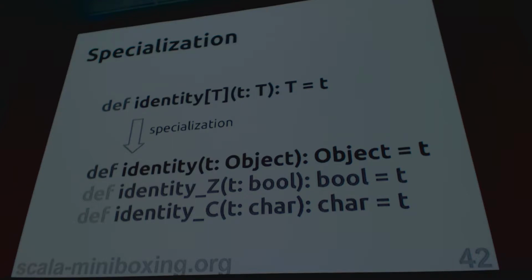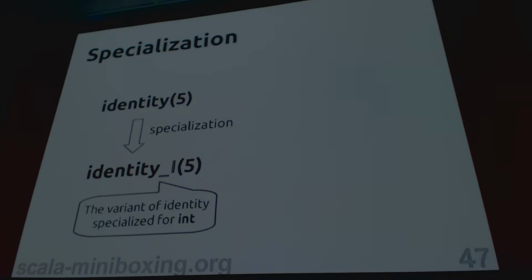All of them take the unboxed parameter and return it unboxed, which is great, but we get about 10 versions of them, which, okay, we could live with, no problem. And if we have identity of 5, this compiles to just taking the specialized variant for integers and calling it on a 5. And it's perfect, works wonders.